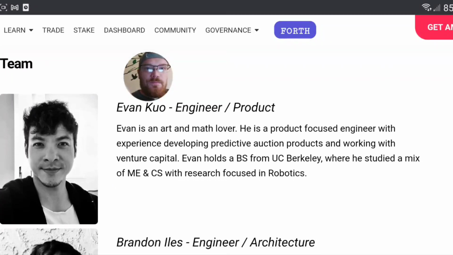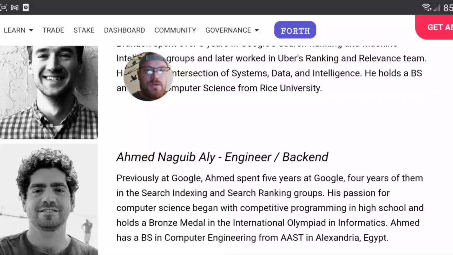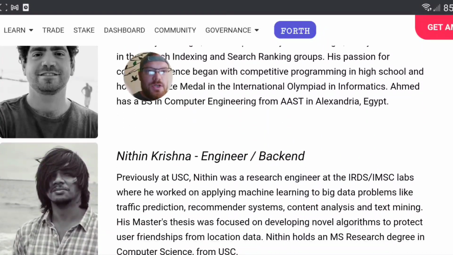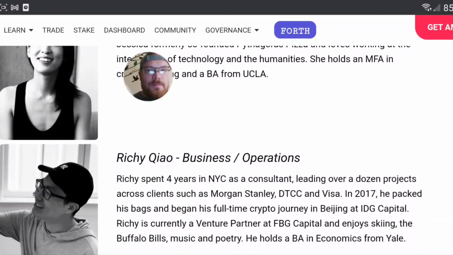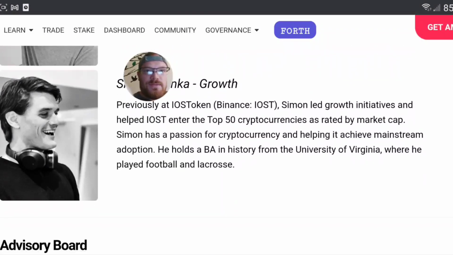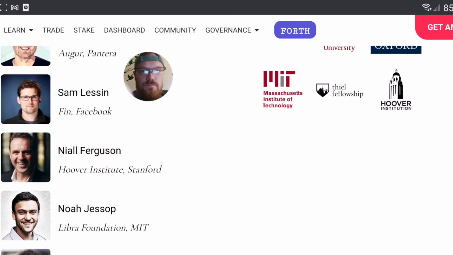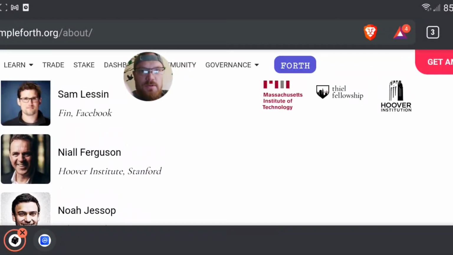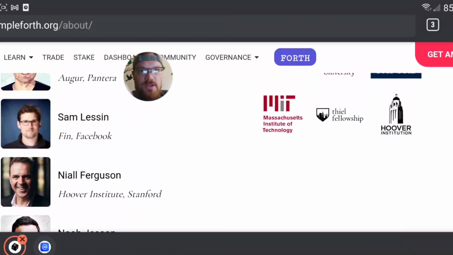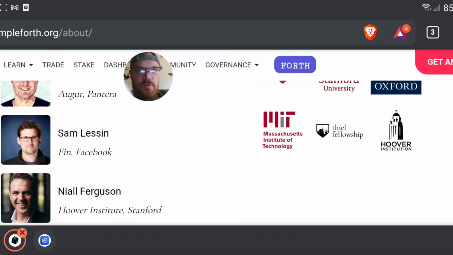Let's just scroll through this real quick and get a look at their team here. We've got your engineers, branding, operations. They look like some nice folks. Advisory board. Look at this, man. We've got some Harvard and Stanford University graduates over here on the team. We've got MIT. So yeah, definitely a nice team here. You've got Facebook.